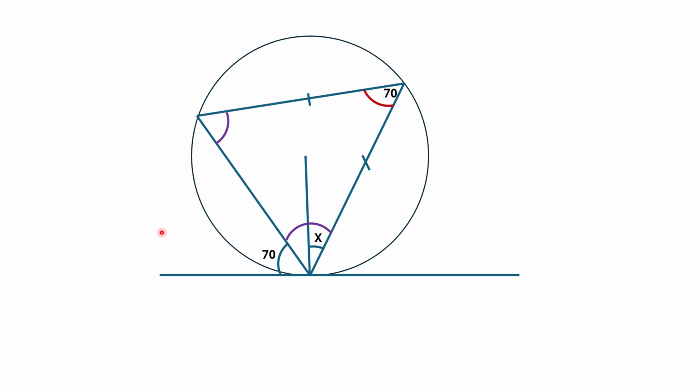So what's the measurement of each one? It's going to be 180 minus 70 divided by 2 to know each one, right? So it's 180 minus 70 is 110, divided by 2 is 55. That means this big angle here is 55. Okay. Now how do you find x?